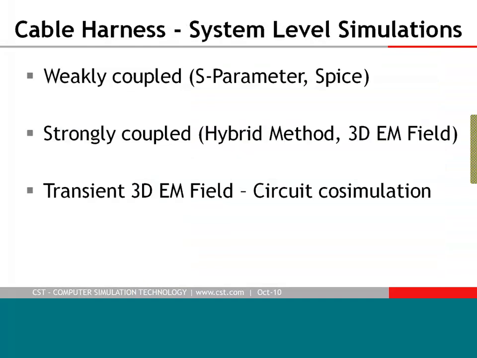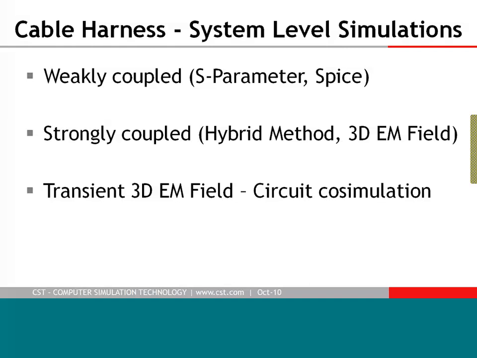So when introducing cables in this kind of complex structure, we are now introducing a concept of system-level simulation. Therefore, it becomes interesting to define how the system is coupled. I take mainly two definitions.